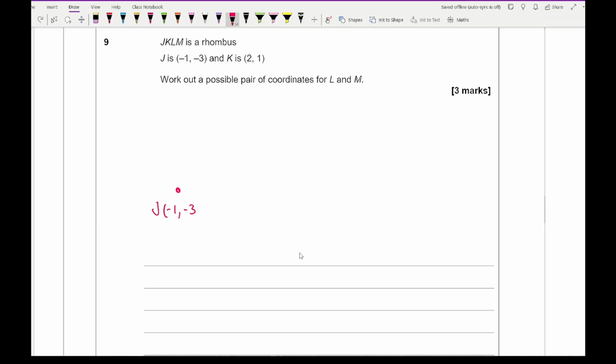Looking at the scale, if I do a set of axes there, which is going to be pretty poor, then K is going to be somewhere here, which is at 2, 1. So if I just mark these here, that's -1, this is at 2, this is at 1, and this is at -3.